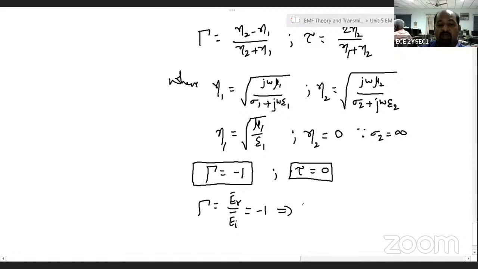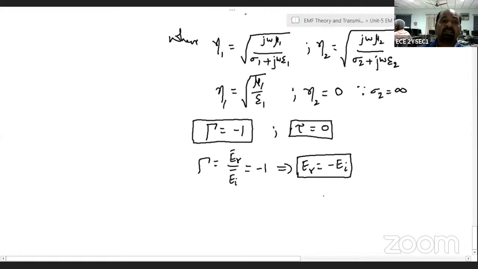So this implies ER is equal to minus EI, where EI is the incident wave and ER is the reflected wave. Therefore, the entire wave reflects back with phase reversal. The minus sign indicates that the electric field reflects back with phase reversal.